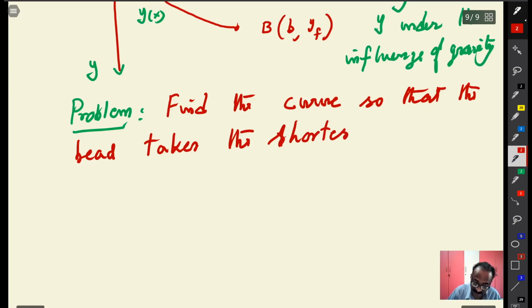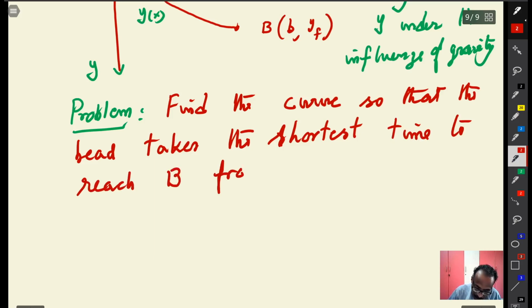Shortest length is the straight line. Okay, shortest time to reach B from A. Okay, so that's the problem.